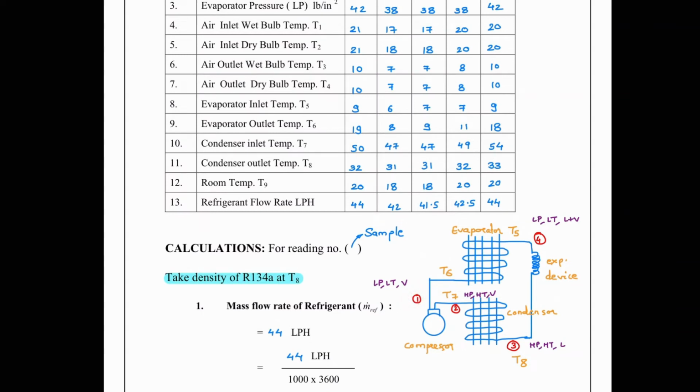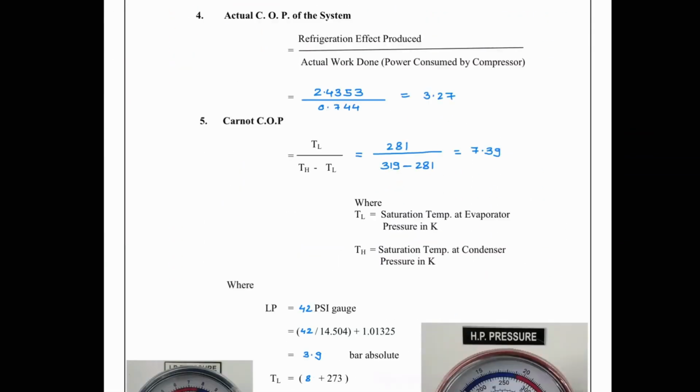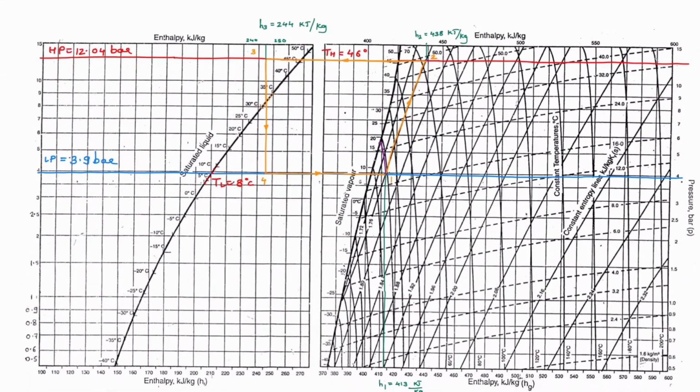The compressor inlet temperature is T6. What is that temperature? For our sample calculation, it is 19 degrees Celsius. So go back to the pH chart. After marking HP and LP pressure values, you have to search on this saturated vapor curve for 19 degrees Celsius.